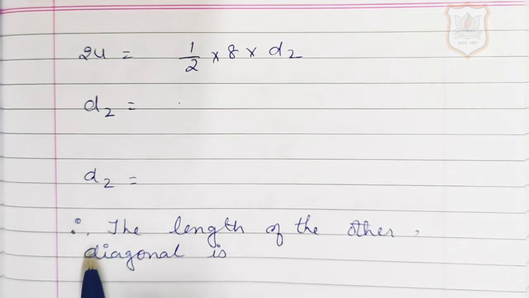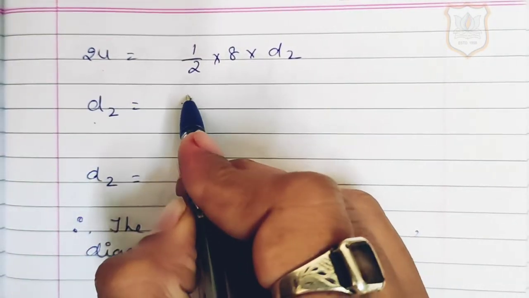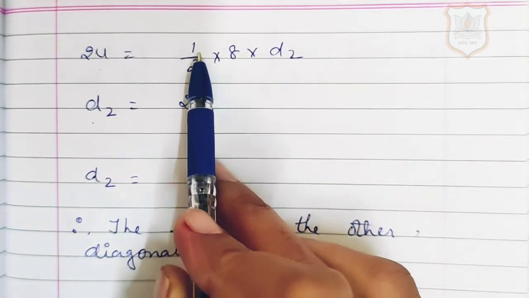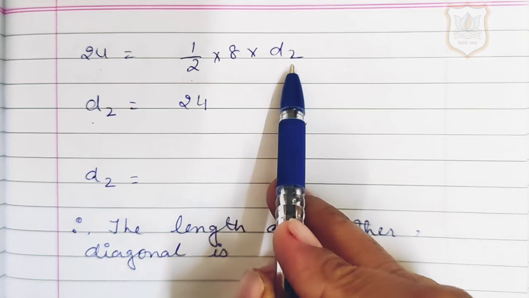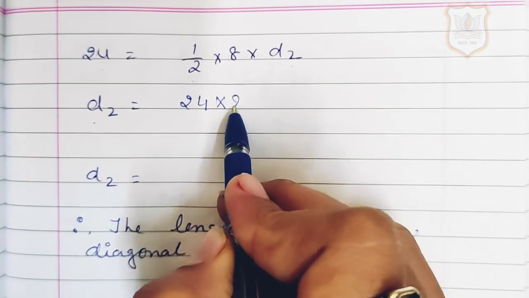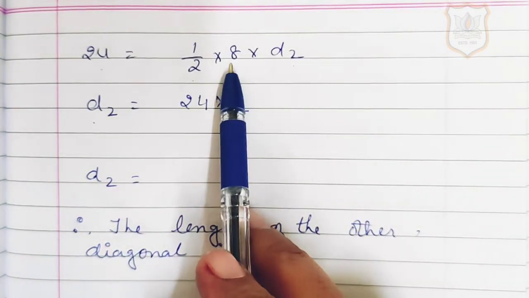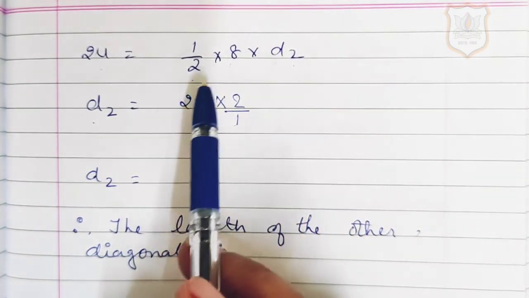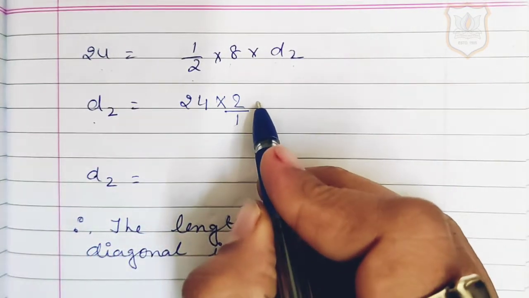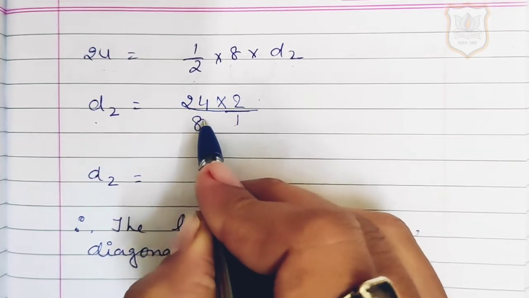So now to find out the length of diagonal 2, here 24 we will write here as it is. Now here 1 by 2 is multiplied with D2. We will transpose it and write it as 2 upon 1. And here 8 is also multiplied with D2. So we will divide 24 with 8.